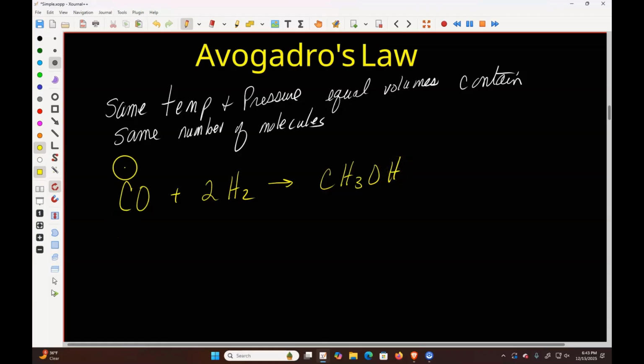Suppose I have 450 milliliters, all at the same pressure and temperature.